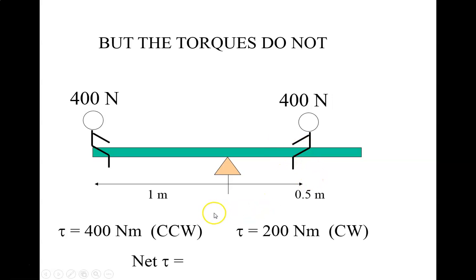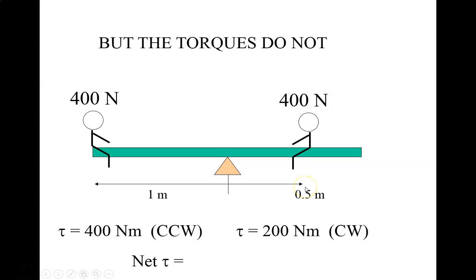If we analyze the torque, we've got the directions, counterclockwise and clockwise. The pivot point is here, and this force is perpendicular to the lever arm, so the torque is 400 newtons times 1 meter, which gives 400 newton meters counterclockwise. Now here, we've got 400 newtons again, but we only have 0.5 meters.